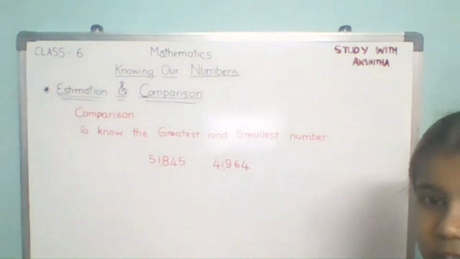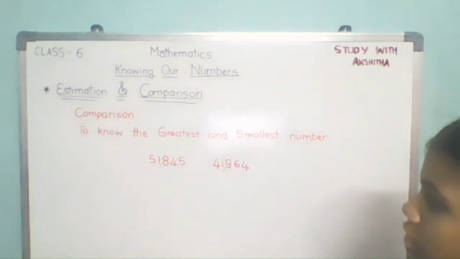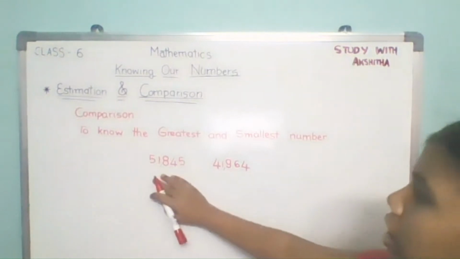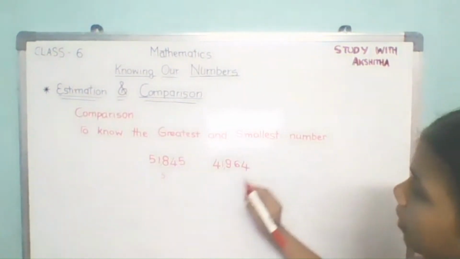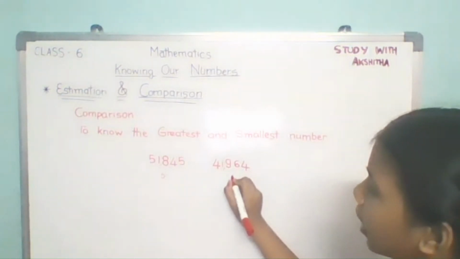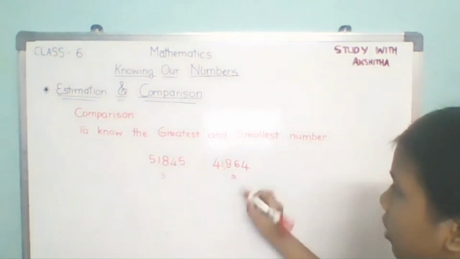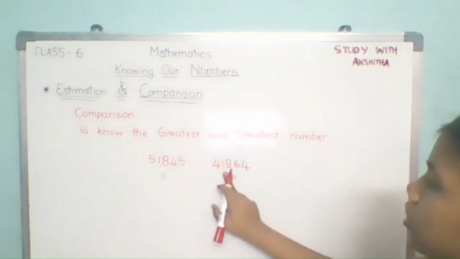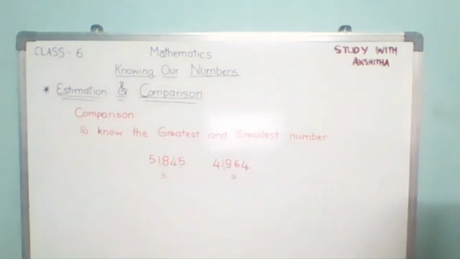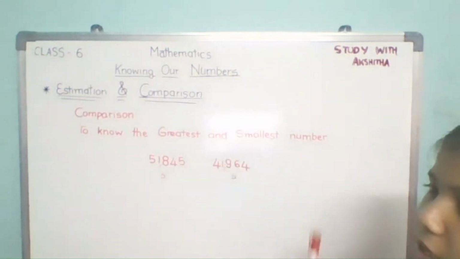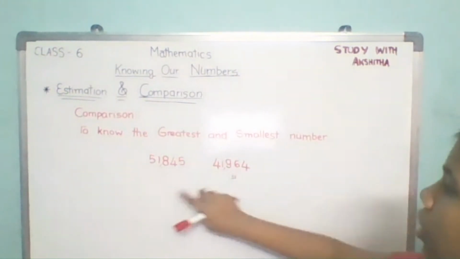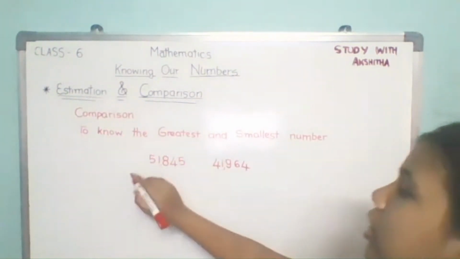Now, let us check the number of digits in each number. Here in this number, we are having 5 digits. Even in this number, we are having 5 digits. 1, 2, 3, 4, 5. So we are having 5 digits in both these numbers. Now, let's check the first digit.